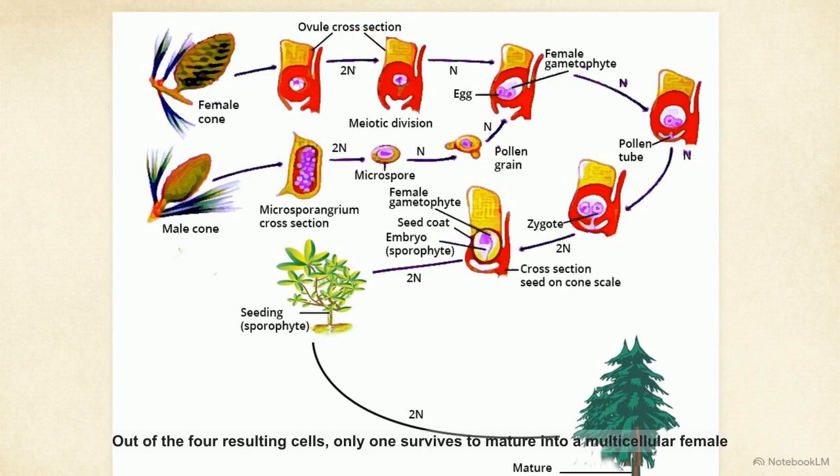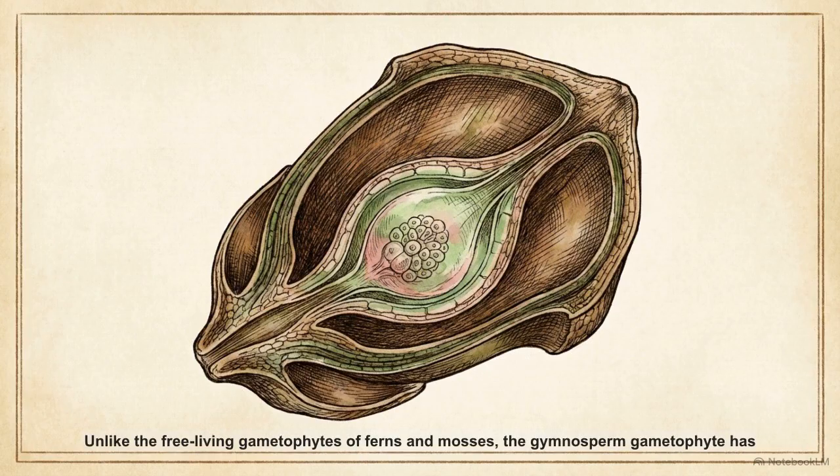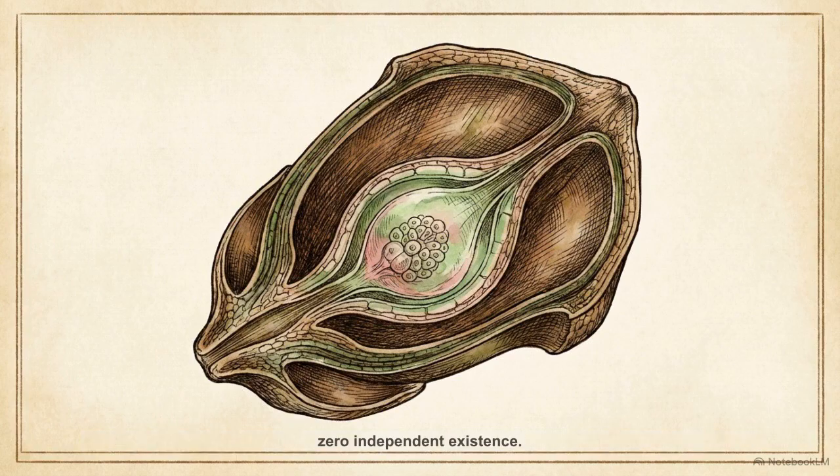Out of the 4 resulting cells, only one survives to mature into a multicellular female gametophyte, which bears the egg-producing archegonia. Unlike the free-living gametophytes of ferns and mosses, the gymnosperm gametophyte has 0 independent existence. It remains permanently trapped within the parent sporophyte's tissues.